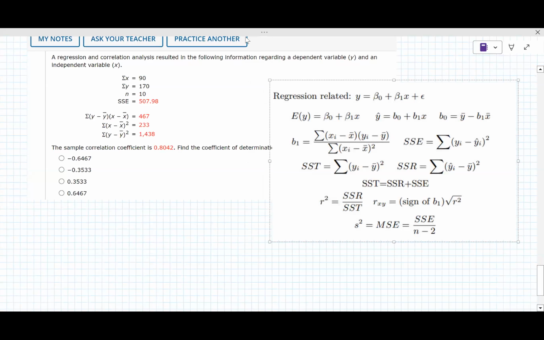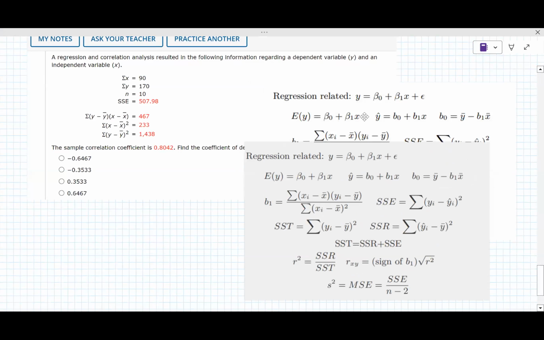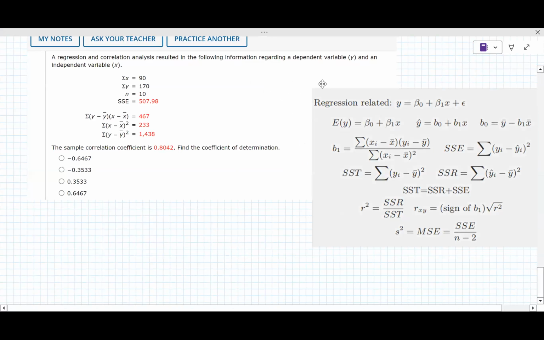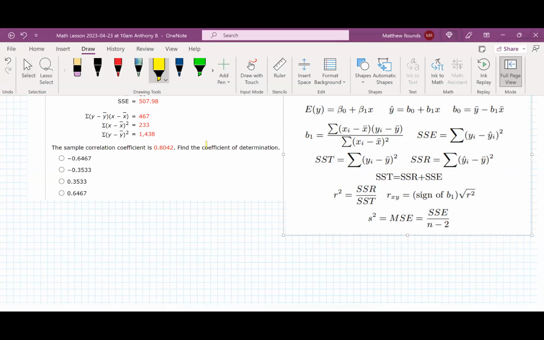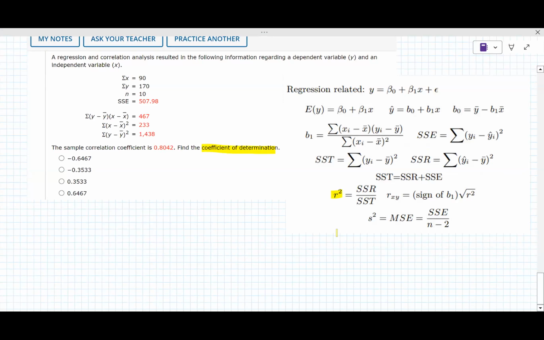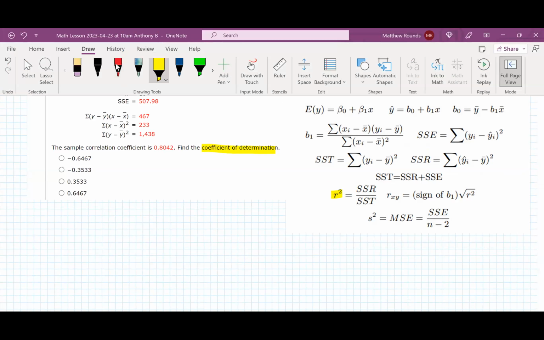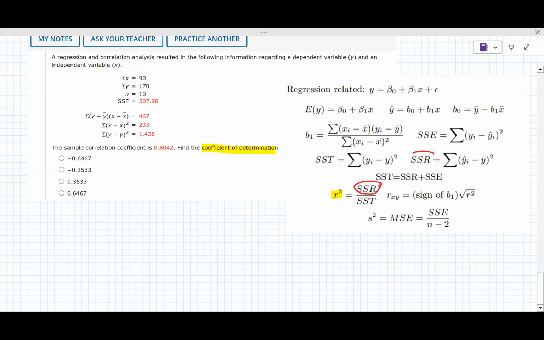The coefficient of determination is r squared, so you need the SSR divided by SST. You need the SSR, which is really over here, so it's the yi minus y squared.